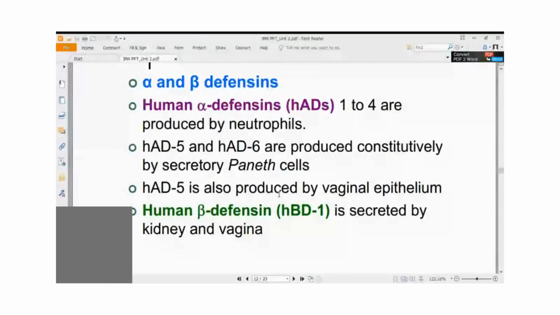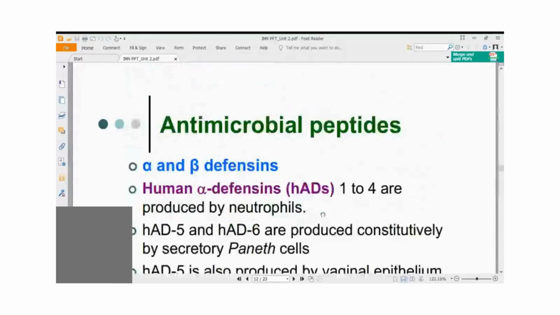Human beta defensin 1 is produced on the surface of the kidney as well as the vagina, whereas human beta defensin 2 is produced on the lung epithelial surface, the pulmonary epithelial surface, and it protects your respiratory tract. It is capable of causing lysis, bacteriolysis. It is capable of conjugating with a substance called lactoferrin. I had mentioned this substance when I dealt with human milk.